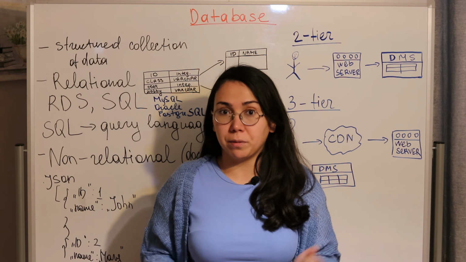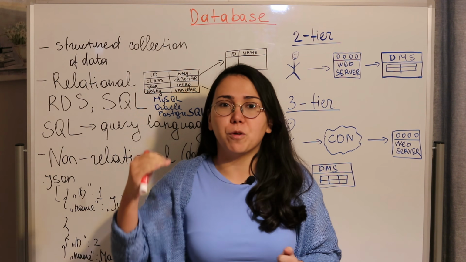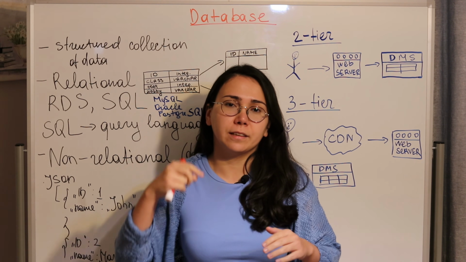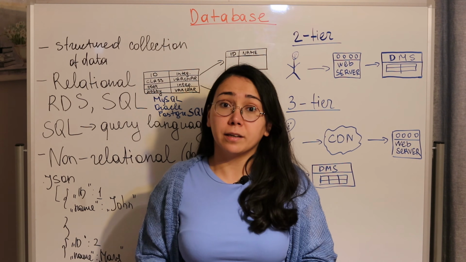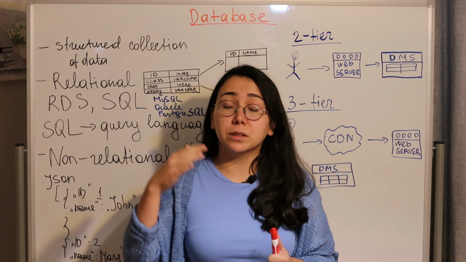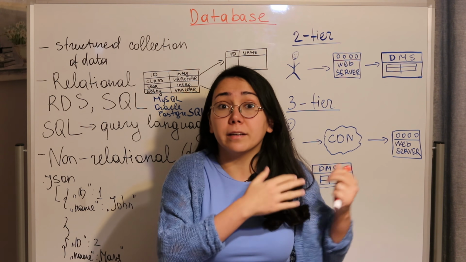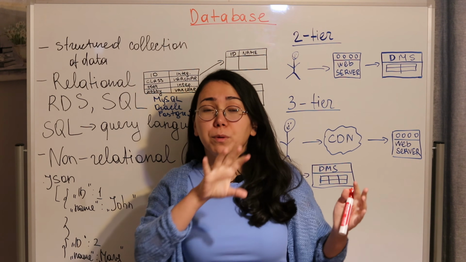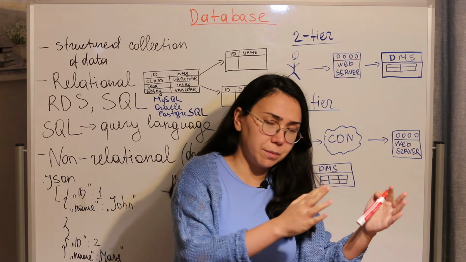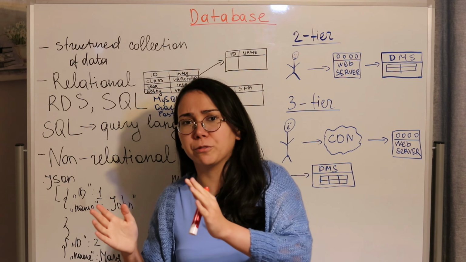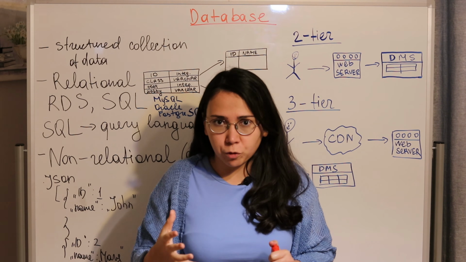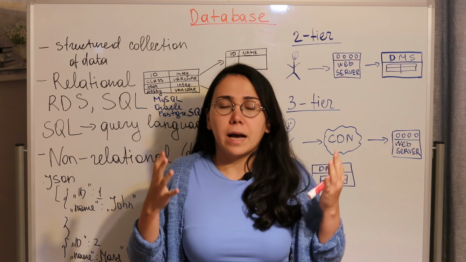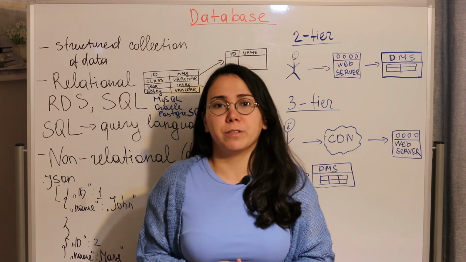For example, the Roman Empire did a count of the population in order to understand the number of people they had, their gender, their age, and this was probably kept in their database. So our number of people is this, a certain amount are women and a certain amount are men, et cetera. So how databases transformed and how they look at the moment in the 21st century.